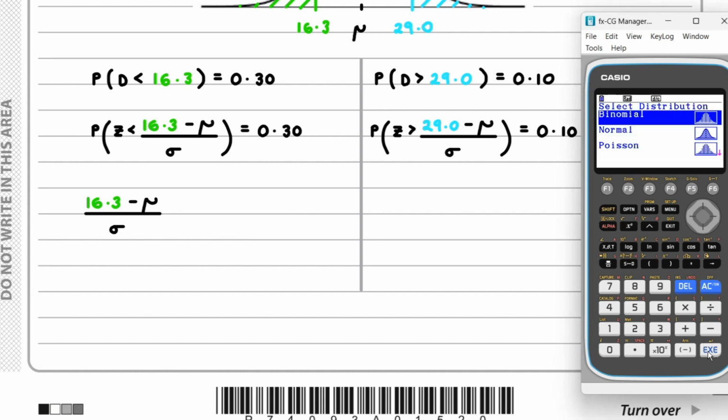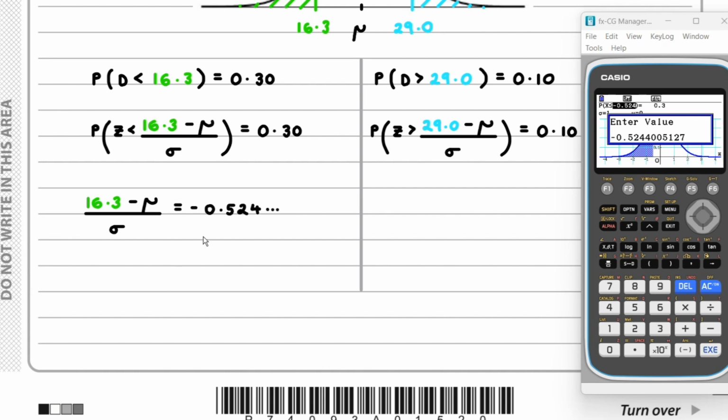So if I go to the distribution sub-menu and then go to the normal distribution, if we leave these as is and then execute, and then if we adapt this to say 0.30, you can see here we have a value of negative 0.524, etc. So 16.3 subtract mu over sigma is equal to negative 0.524, etc.